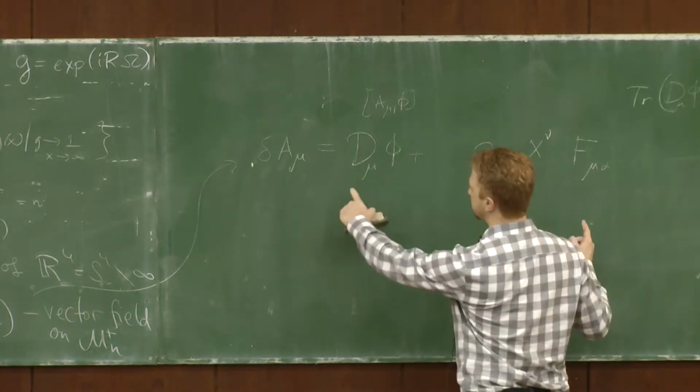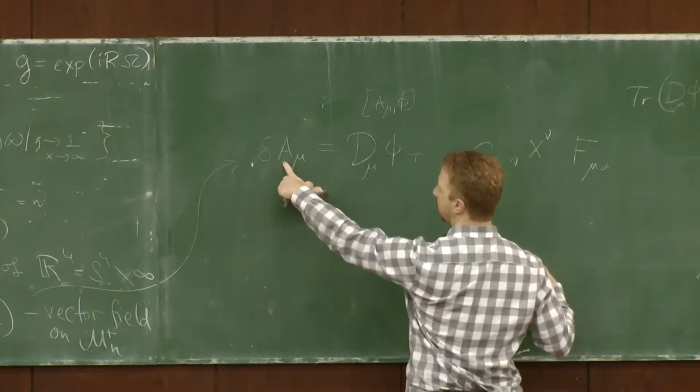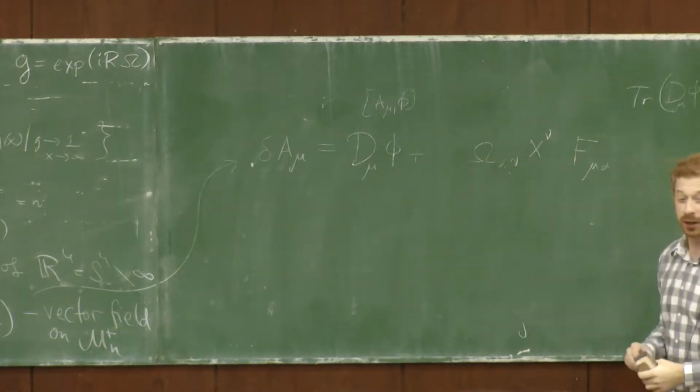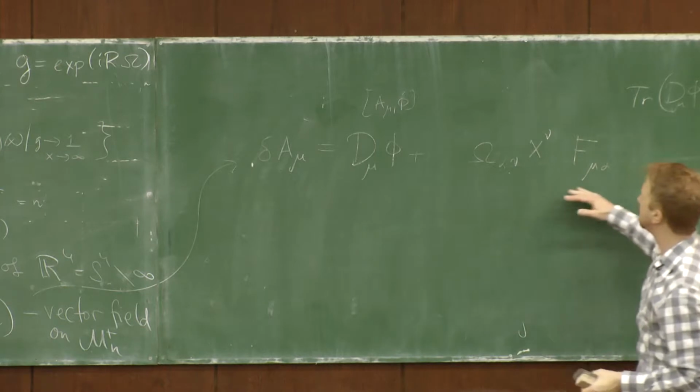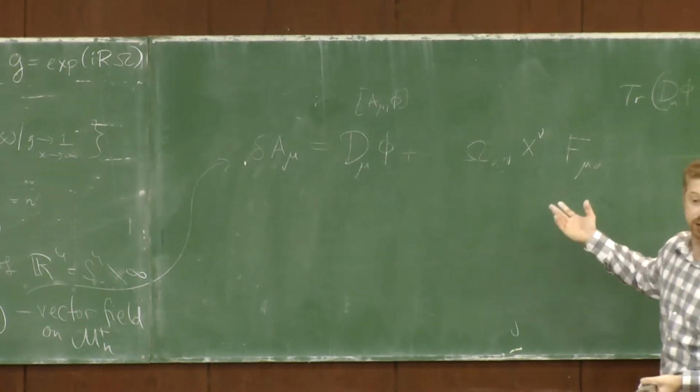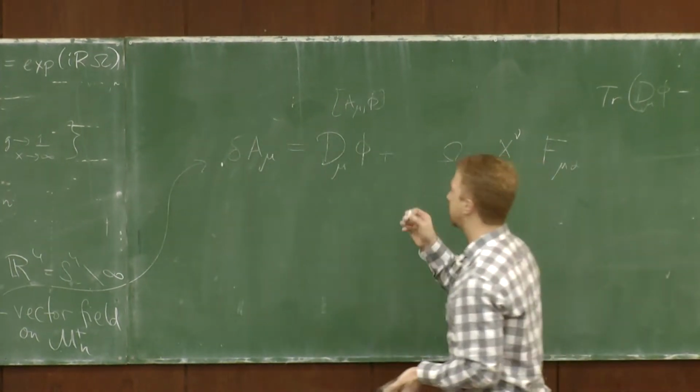So what I'm saying is that I take an instanton gauge field configuration and vary it in this way, and then you'll get another instanton configuration, modulo gauge transformations.